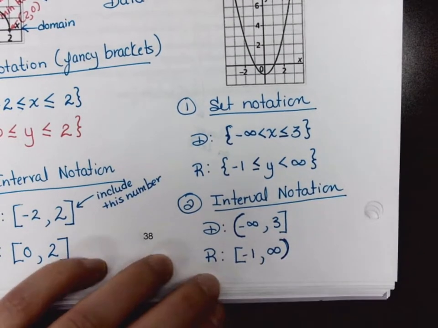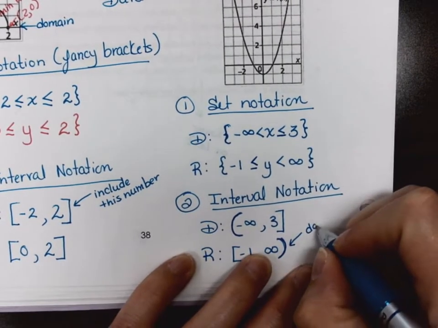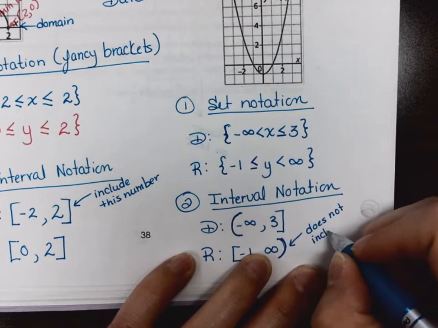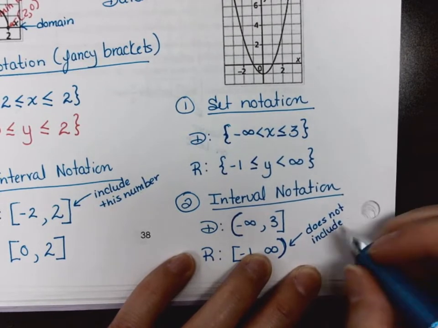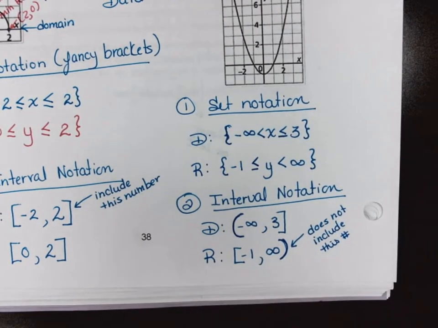So this is a round bracket. So if I'm using a round bracket, it does not include this number. So round brackets mean it doesn't include, square brackets mean it does include.